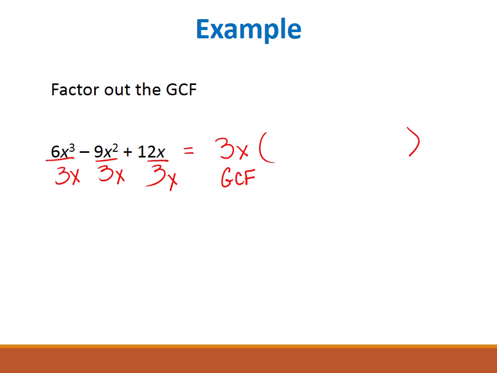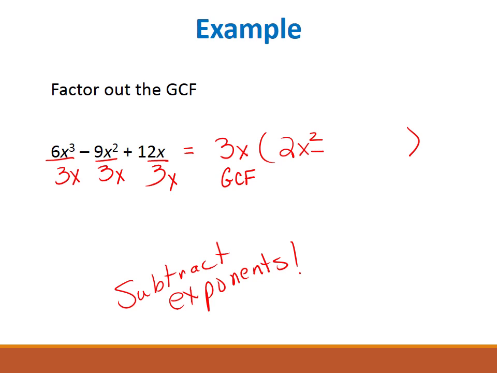what you get after factoring. So 6 divided by 3 is 2. x to the third divided by x to the first is x squared. Remember, subtract your exponents here. This is really the quotient rule.